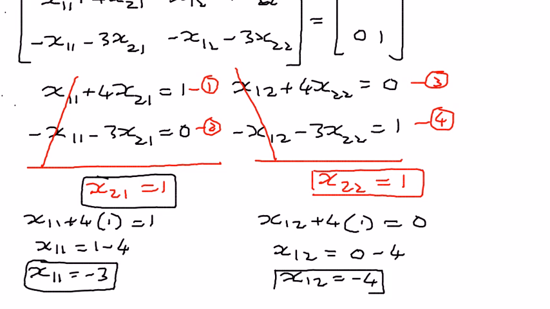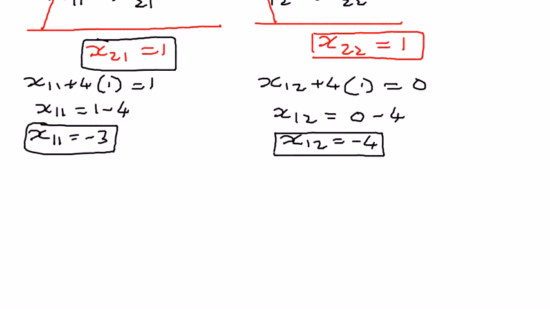So we got all the 4 values. And now let us write it out in this format. Normally the way we write a matrix is as follows. x11 means first row first column, x12 means first row second column, x21 means second row first column, and x22 means second row second column.